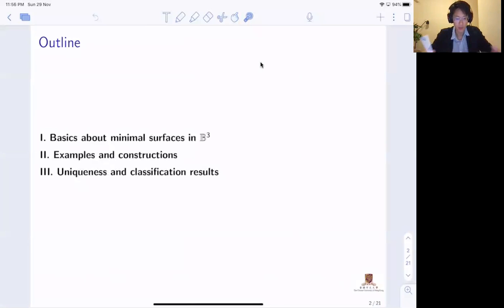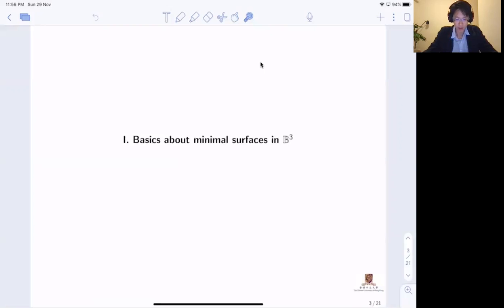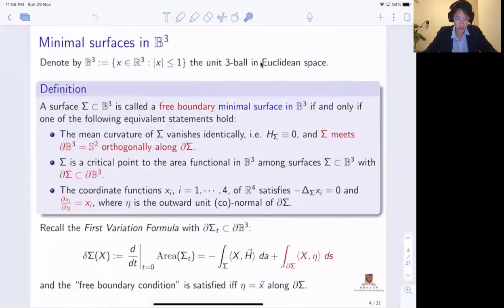Okay, so it would be nice if we can make a comparison between the results for minimal surfaces in the sphere and the analogous results and questions for free boundary minimal surfaces in the ball. Right. So first of all, we're going to denote by B3 the unit three-dimensional ball inside Euclidean space.